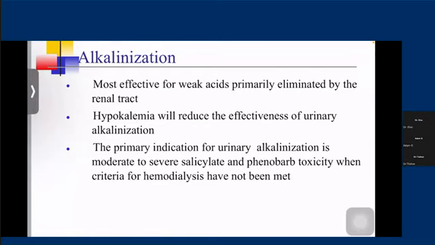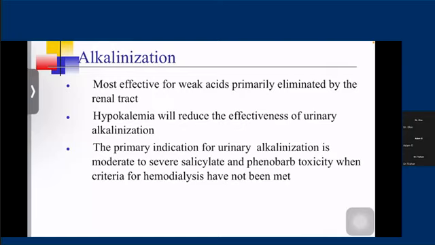Always make sure that there is no hypokalemia before alkalinization, because hypokalemia can reduce the effectiveness of urinary alkalinization, can worsen the degree of hypokalemia, and the patient can develop cardiac arrest. If there is hypokalemia, we have to correct the low potassium before considering alkalinization.